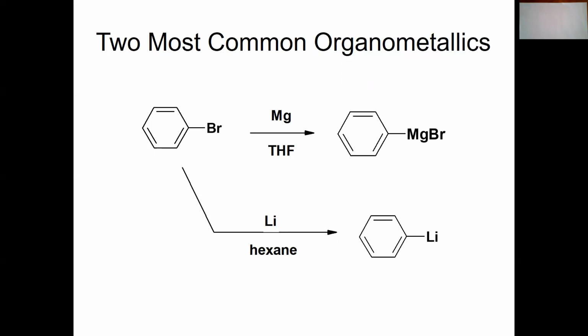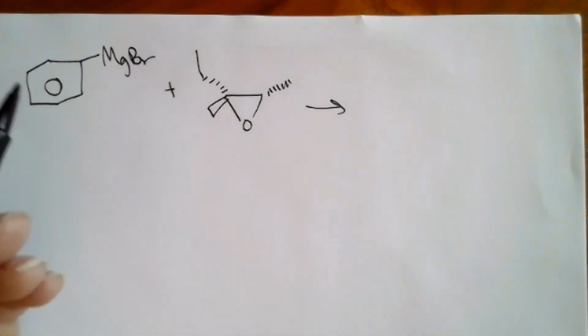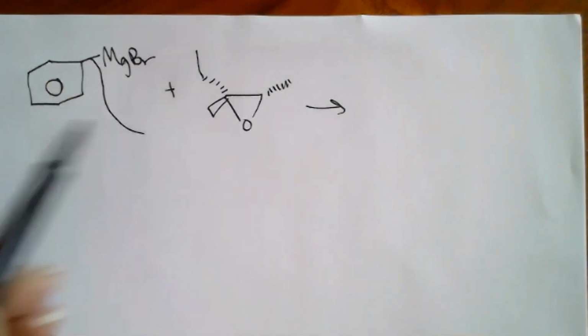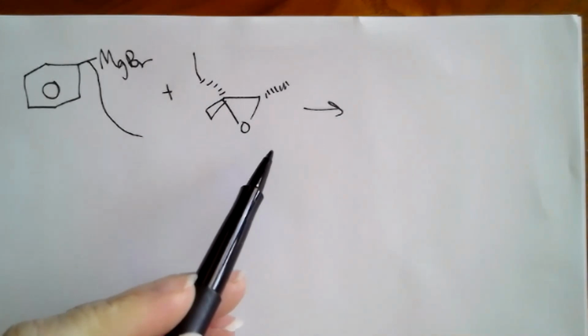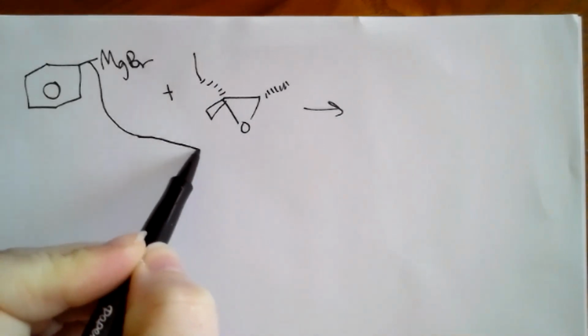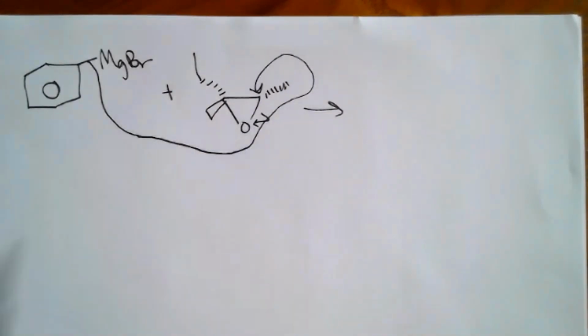Once you have an organometallic, more old news. How do they react? We'll draw this one. So here's that example. Grignards are strong bases, and when Grignards attack epoxides, old news, you attack the least substituted side, like that.